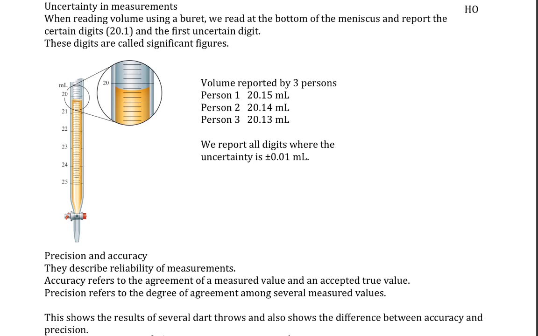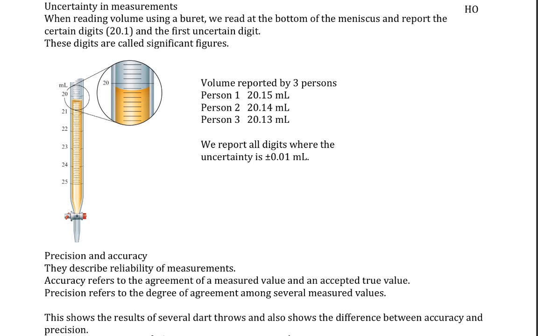We break the first to second line up in our mind's eye into 10 equally spaced divisions, and we decide where in there that bottom of the meniscus is.